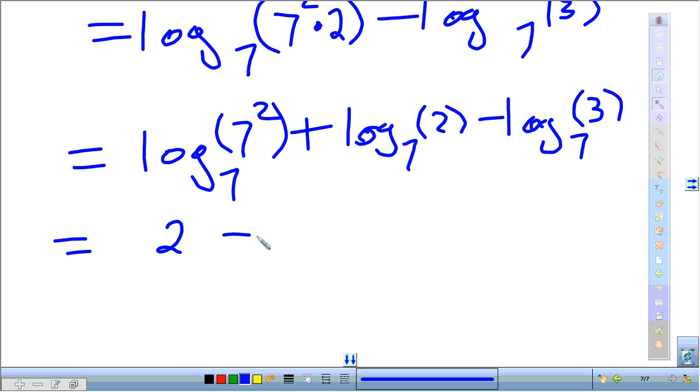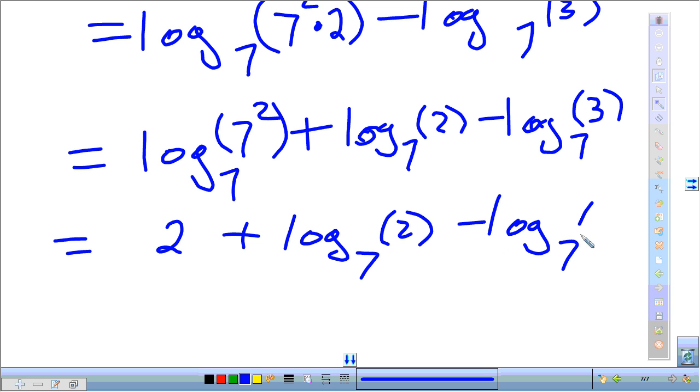Well, it's 2. And we get a completely expanded version with simplifications when we can actually write down the exact exponent.